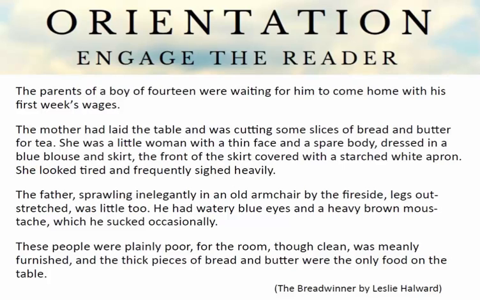Those descriptions indicating that he's not a very sophisticated person. He had watery blue eyes and a heavy brown moustache, which he sucked occasionally. So when you think about that image, that he sucked his moustache occasionally, it's not a very positive image, fairly negative.